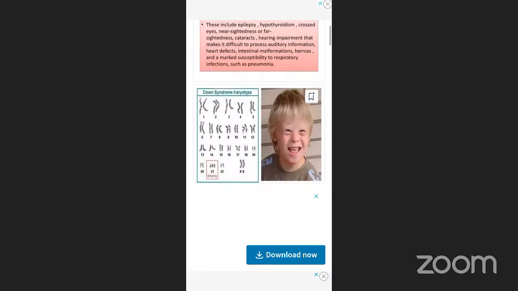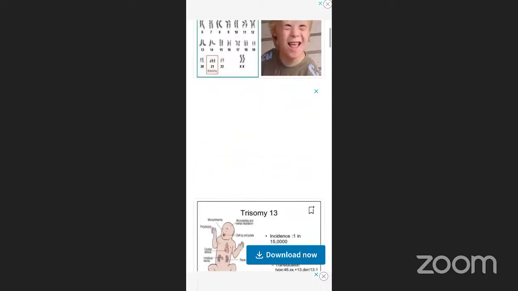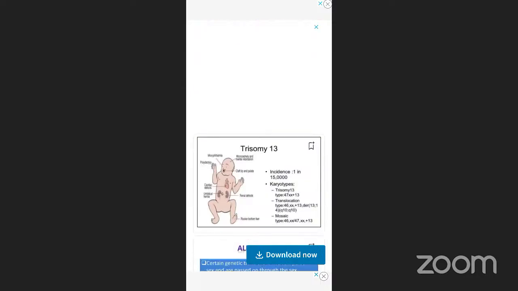These are all Down syndrome symptoms. There is also trisomy 13. Okay, these are Down syndrome.